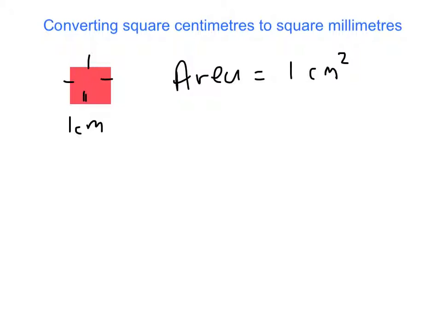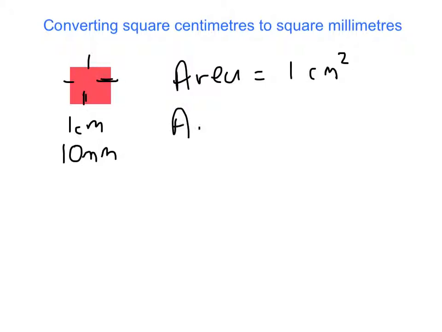If we wanted to convert that to millimetres squared, we just convert each of the sides to millimetres. So if each side is 1 centimetre, that's the same as saying 10 millimetres. To find the area of this square, we count up the number of millimetre squares in there, we multiply the length by the width, because it's a square, they're both the same.